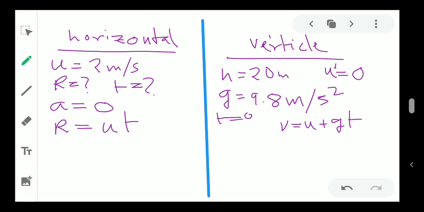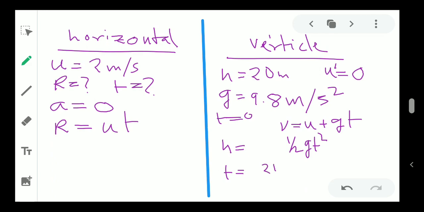Let me try this formula, that is s equal to ut plus half at square. In this case, if I write it, you can see half gt square. You can see that u is 0, so this term will not be here, and I can easily find out the time because I know the g value.